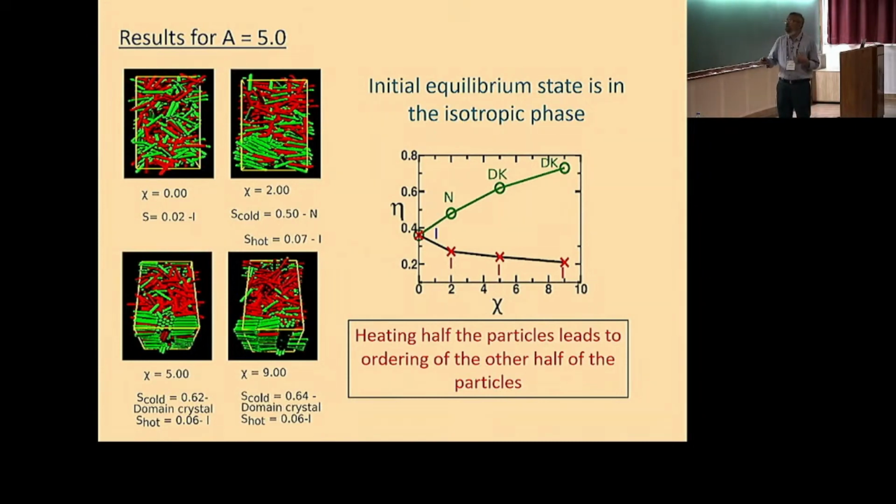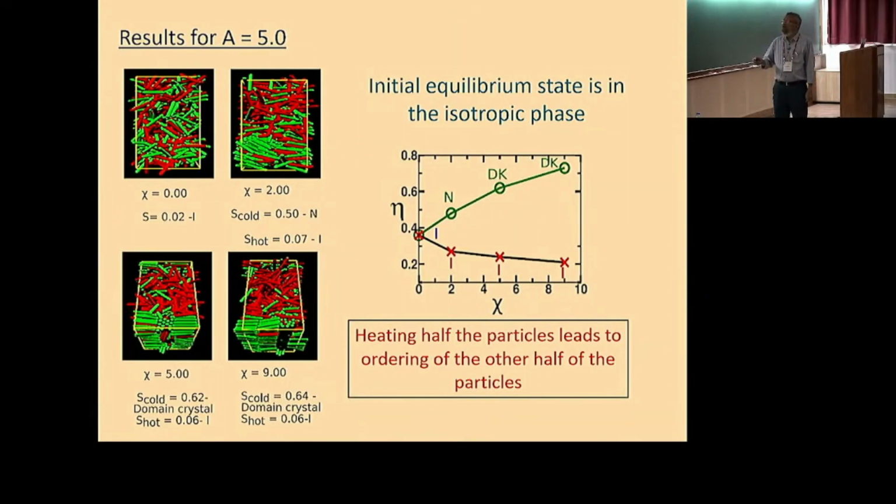So what is happening here is that in the initial system, everything was at density 0.4, and the temperature was the same, temperature 5. But then you take half of the particles and increase the temperature of the other half. As a result, those particles which are in the original cold temperature are getting ordered.